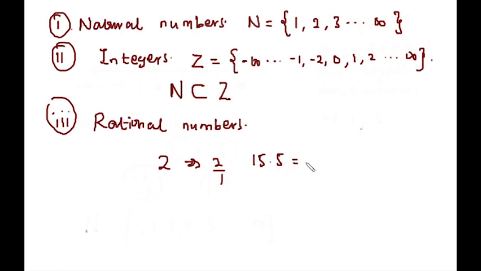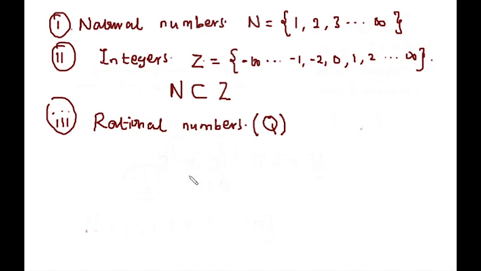This can be seen as 31 divided by 2. So all numbers that can be expressed as a fraction are called rational numbers, and it is often denoted by the letter Q. So if you can express a number as a fraction or a ratio, you refer to that number as a rational number. Okay, let's clean up space.